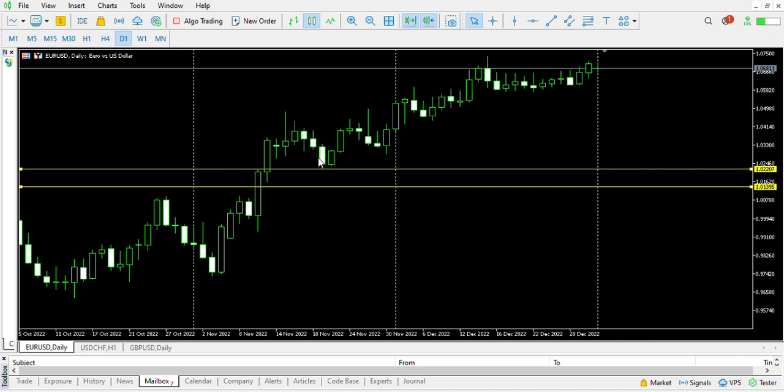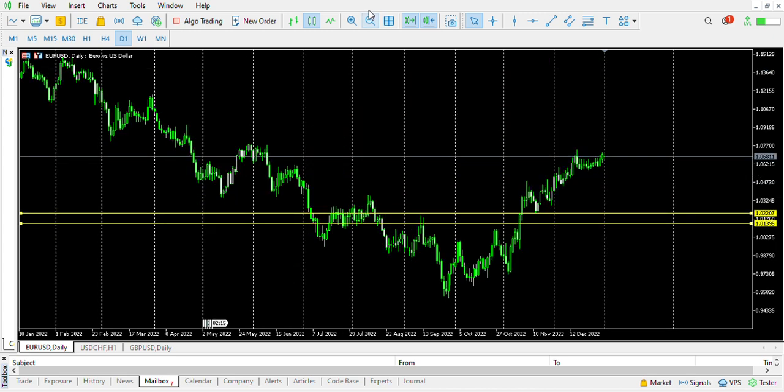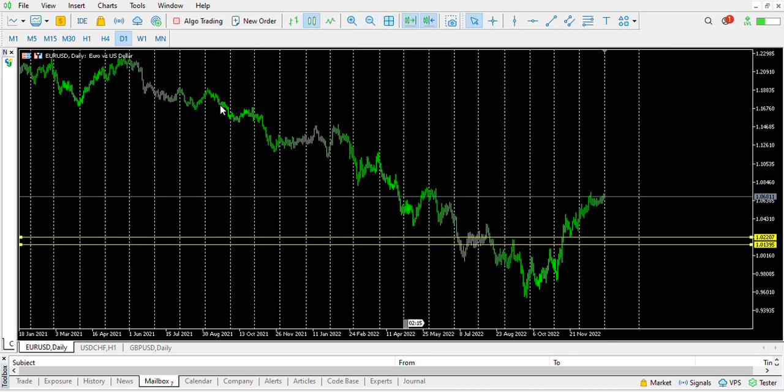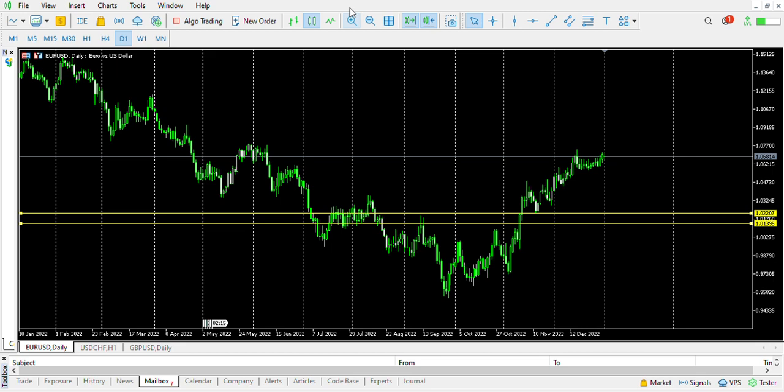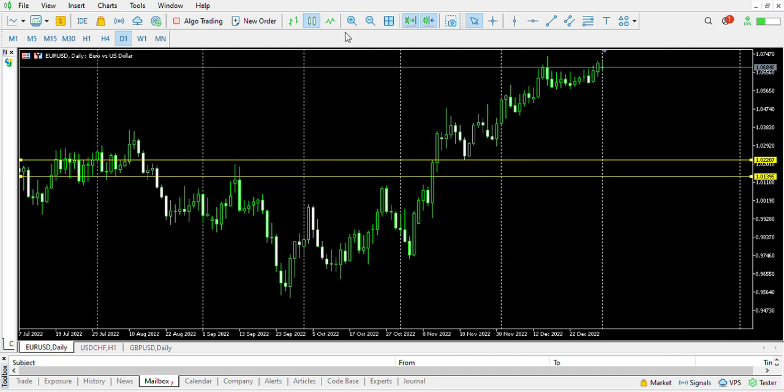So quickly on the daily, we're on the Euro USD here. If you go to the daily and zoom out, you can see what's been going on for most of the previous year. Since January 2021 and through 2022, it's just been selling off, and it's obvious why, because we had COVID, and then the Russia-Ukraine war, which has affected supply chain issues in Europe, and that's led to the sell-off in the euro.